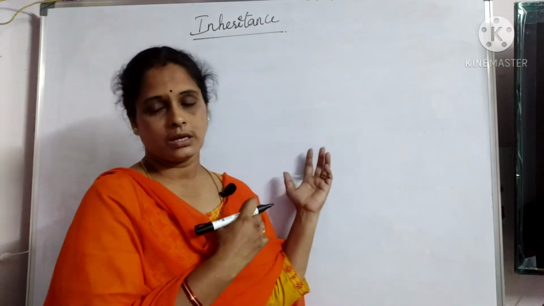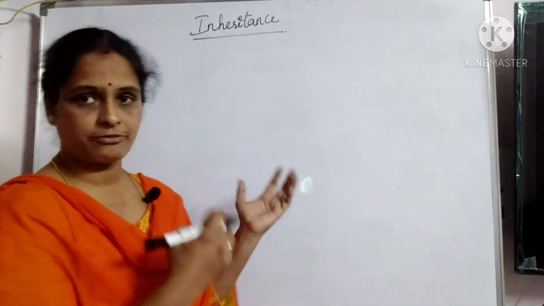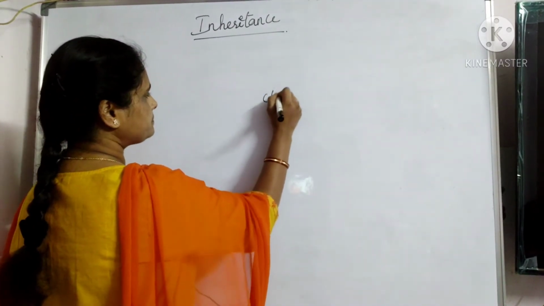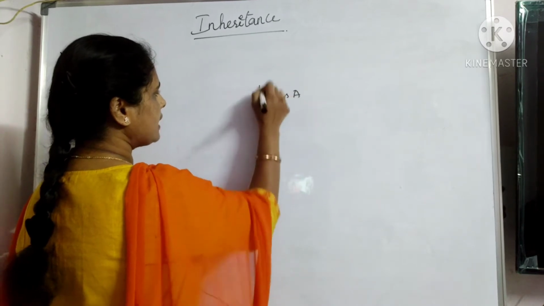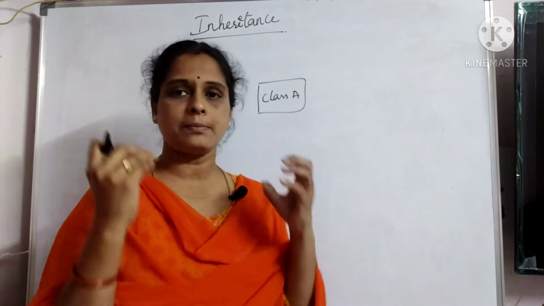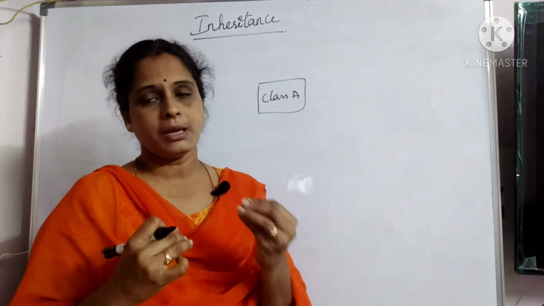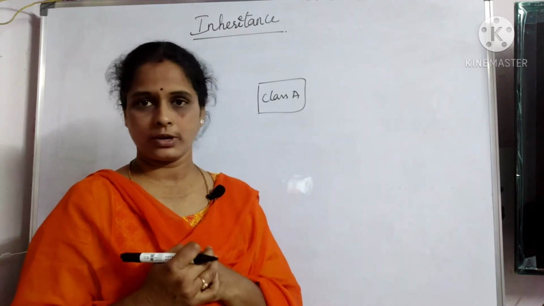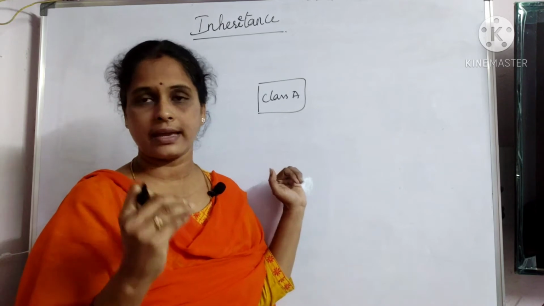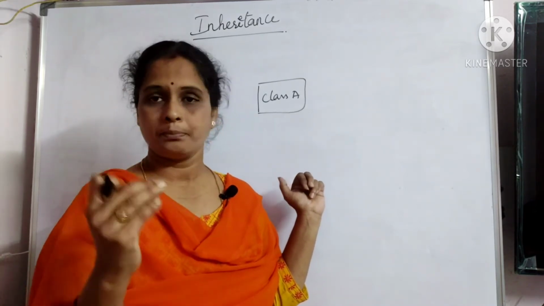Now coming to the programming concept, we'll compare the example I have taken with it. Suppose I have a class A. Class A may be having some qualities, in the sense it may be having some data members and some member functions.